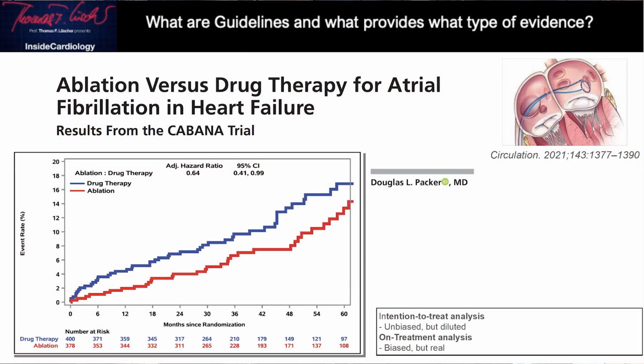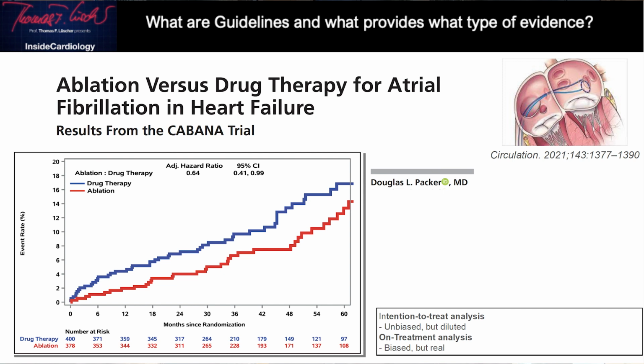So this crossover in device trials is a real problem, so whenever you read such a paper, look at this very aspect. Because when we do, as it appeared later on in Circulation, an on-treatment analysis, ablation versus drug therapy with atrial fibrillation on treatment, you can see that indeed ablation in red compared to blue in drug therapy did actually have an effect that was significant.